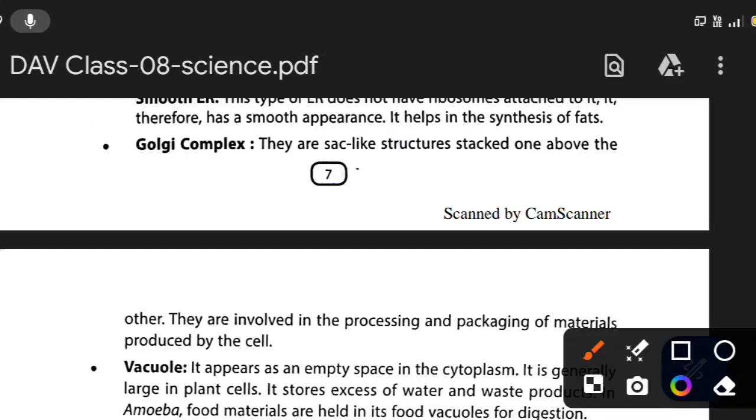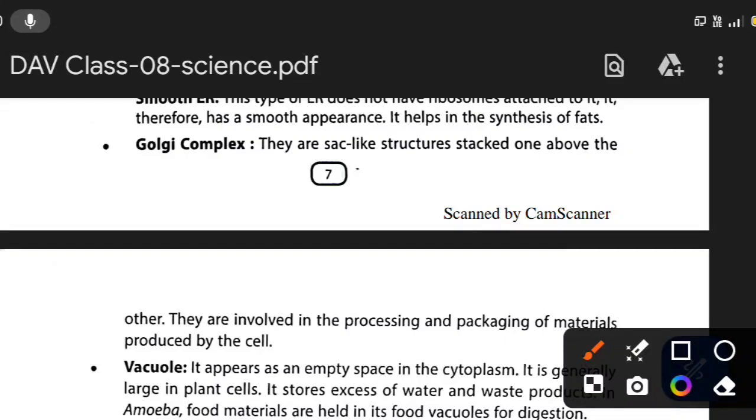Also, in our daily lives, we know that pouches are generally used for packaging, like the water pouch, oil pouch, and milk pouch. These pouches have the function to package things.